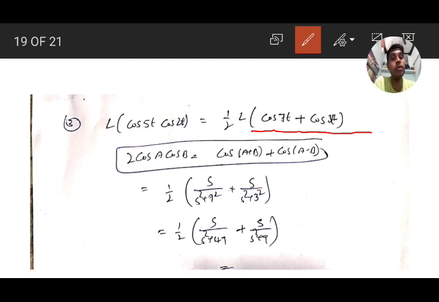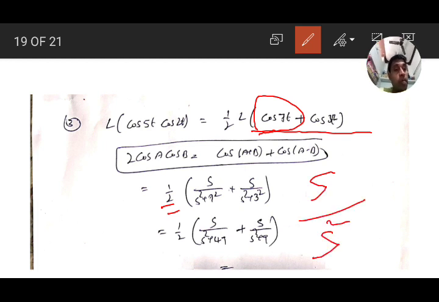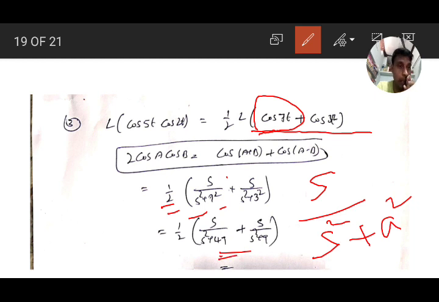So 1 by 2 is outside, so apply the cos of 7t formula. Cos 8t formula is s by s square plus a square, where a equal to 7. So s by s square plus 7 square, 7 square means 49, so s by s square plus 49.